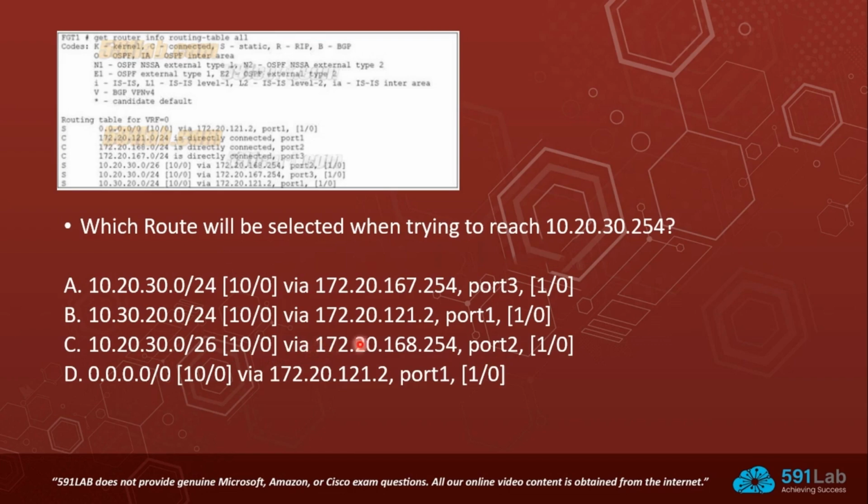No, as you saw, /26 is unable to reach this given IP. This last one, answer D, 0.0.0.0/0, that means a default route towards the gateway 172.20.121.2 on port number 1. No. The correct answer is answer A, which is connected to port number 3.